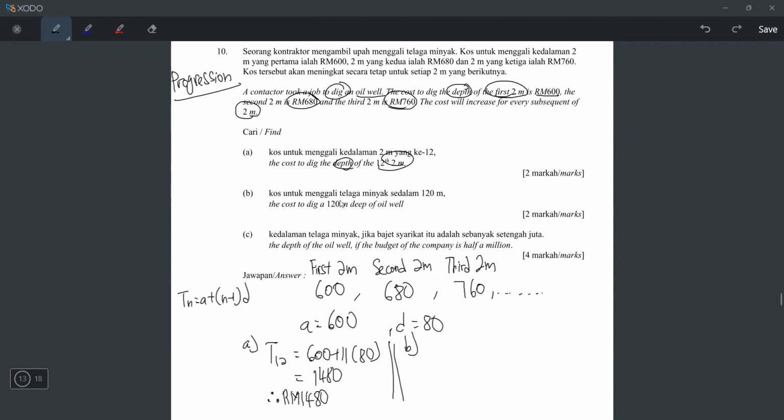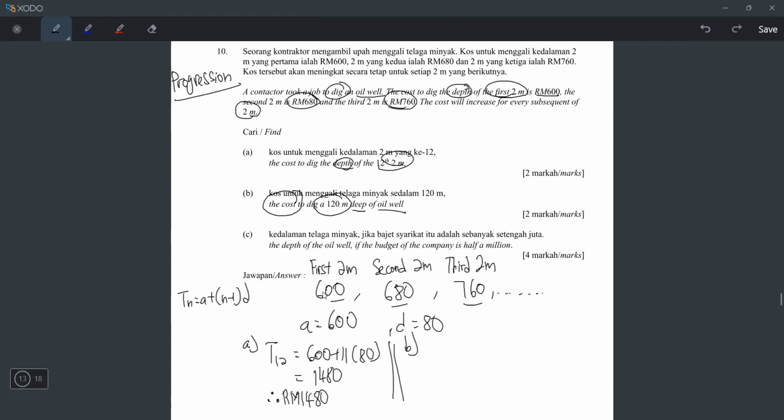Find the cost to dig a 120-meter deep oil well. So the cost to dig 120 meter. So how do I want to do it? Okay, we are also finding cost, right? But to dig 120 meter, let's think about this. If I want the contractor to gali 120 meter, how many terms are involved here? 60, right? Why 60?